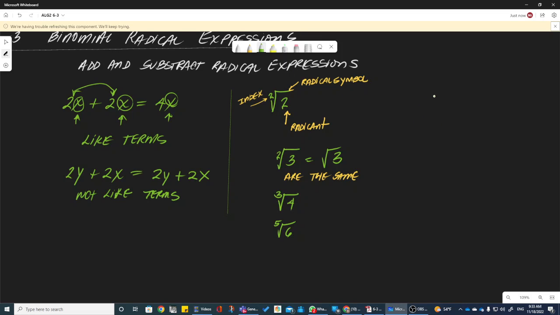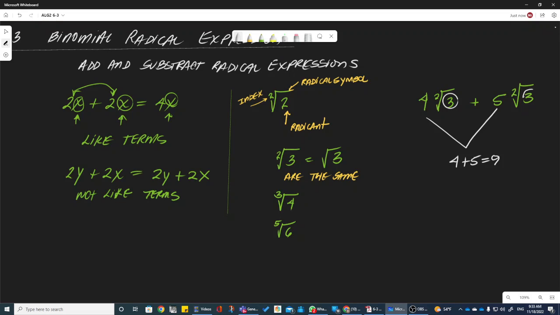For instance, if I multiply 4 times this expression here, and I have 5 times this expression here, I should be able to take these two coefficients and add them together, because the number inside is the same, and the number outside is also the same.